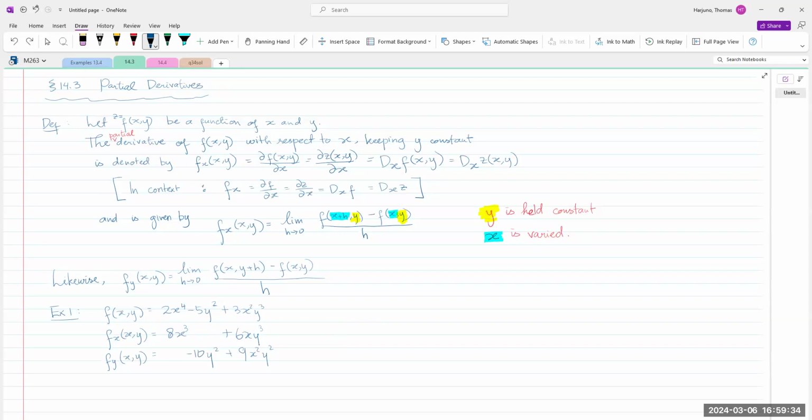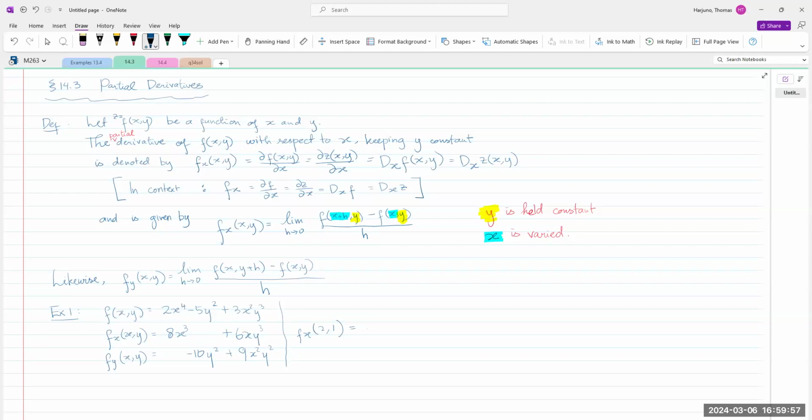Now, suppose I ask what is f sub x of 2 comma 1. Basically, you replace that function f sub x of x, y, replacing the x and y by those numbers.